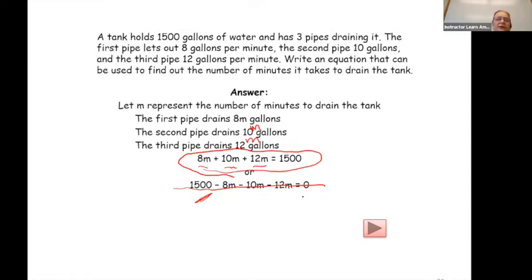But I don't think most people tend to think about it that way. So perhaps the easiest way to think about it is that the amount contributed by one pipe, the second, and the third gives you the total that was in the tank. So I think this is a more straightforward way of thinking about it, although the other way is also acceptable.